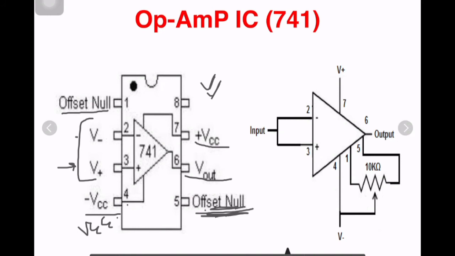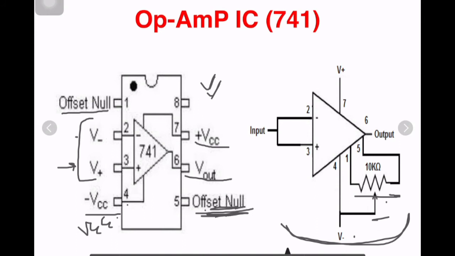To make the voltages exactly equal at these points 1 and 5, this type of circuit is made. A potentiometer is connected between output and ground. So offset null adjustment requires a potentiometer with its wiper connected to the negative supply. This is the wiper of this potentiometer, connected to this negative supply.